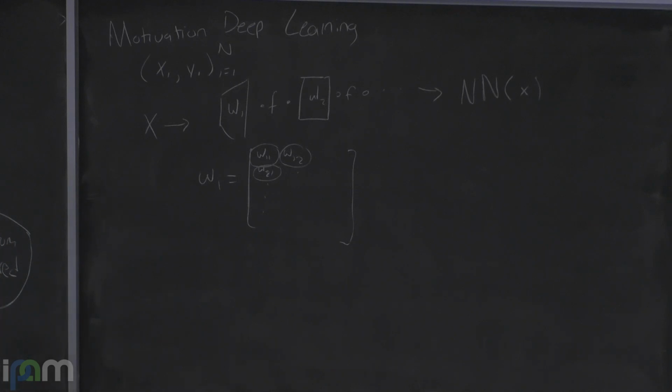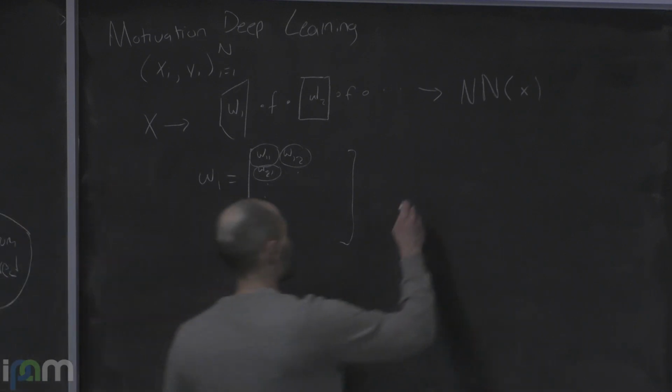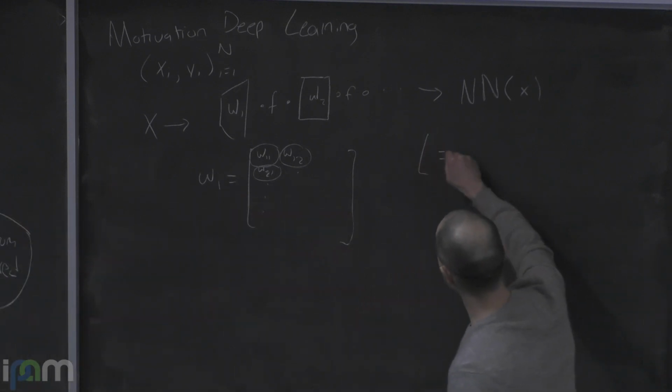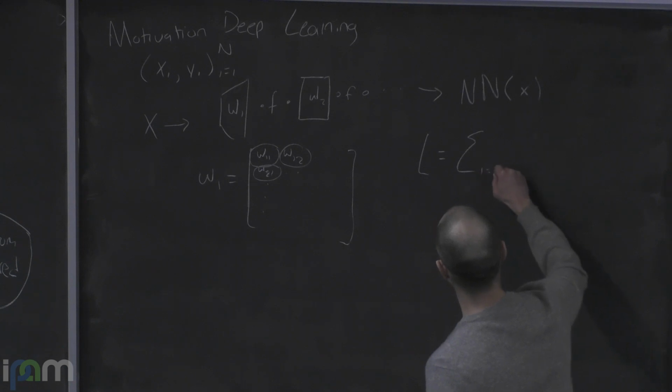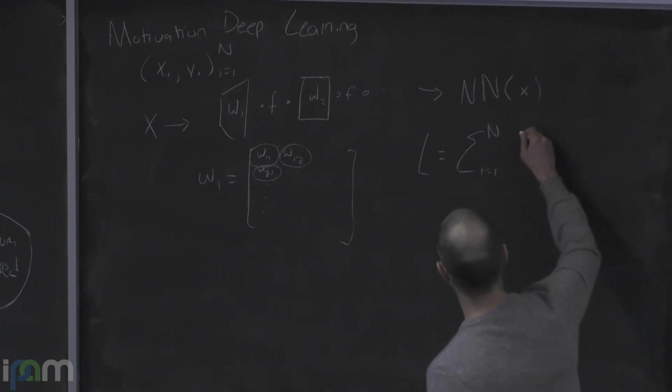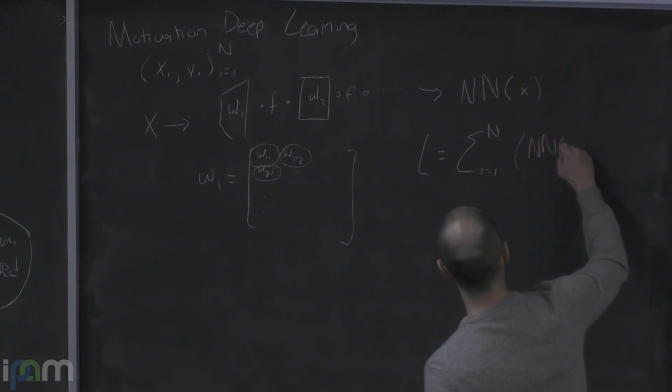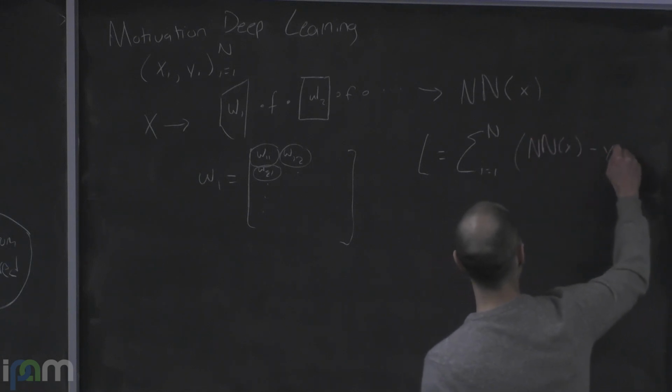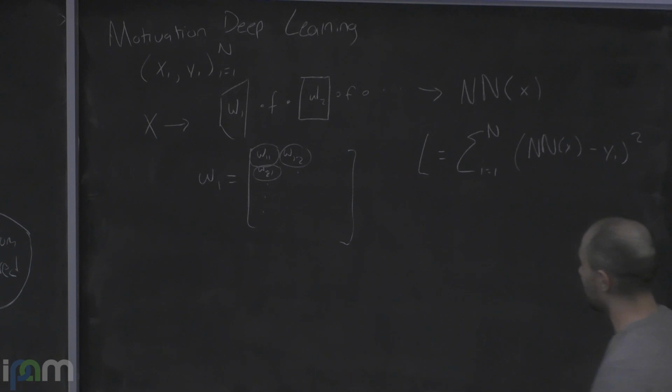So what you do is you say, well, we have some loss function, which is over our training set. It could be, for example, the mean squared error loss, but there are other loss functions.